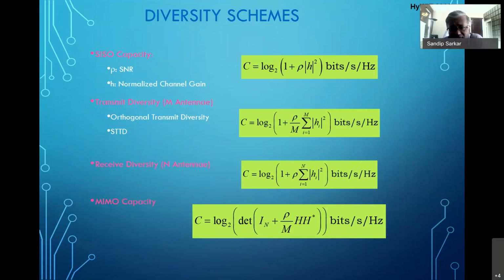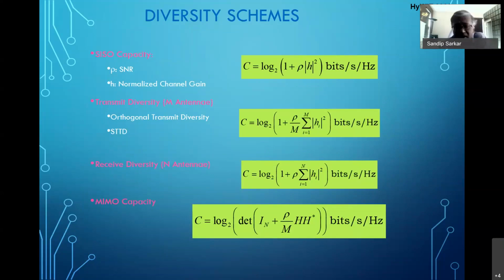The basis of capacity is, of course, Shannon's formula. With transmit diversity, you see that you get an increase because the number of |h_i|^2, which are your normalized channel gains, increases to M if you have M transmit antennas. Receive diversity is obviously more. The capacity is higher in receive diversity than transmit diversity.